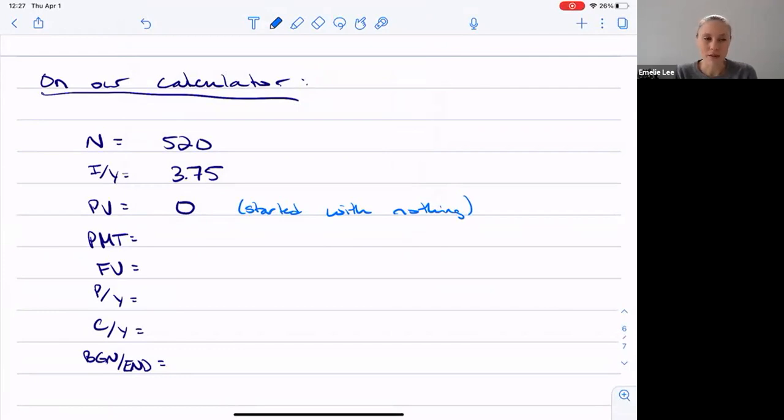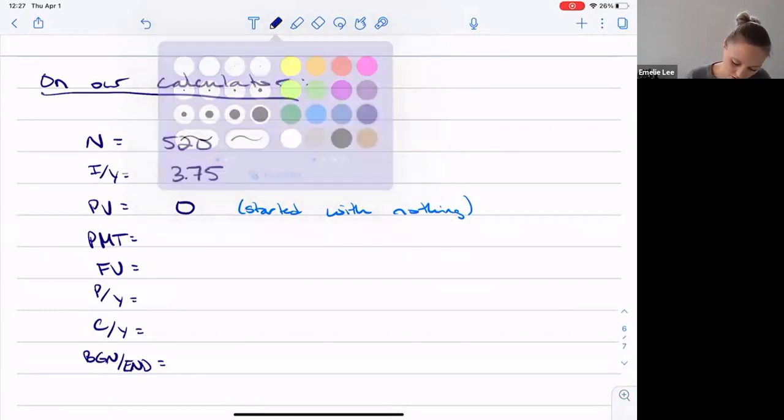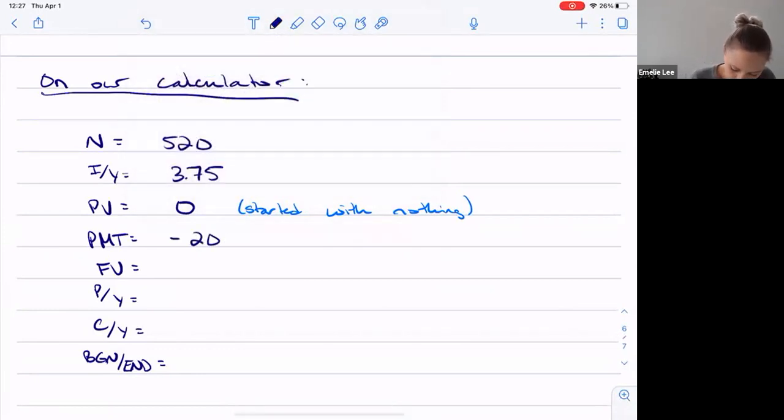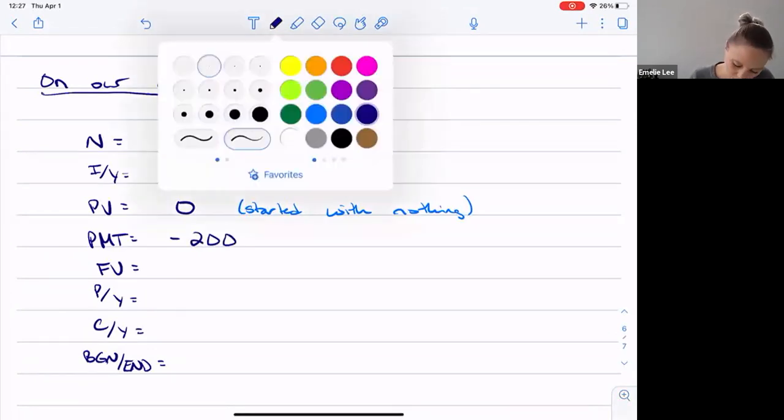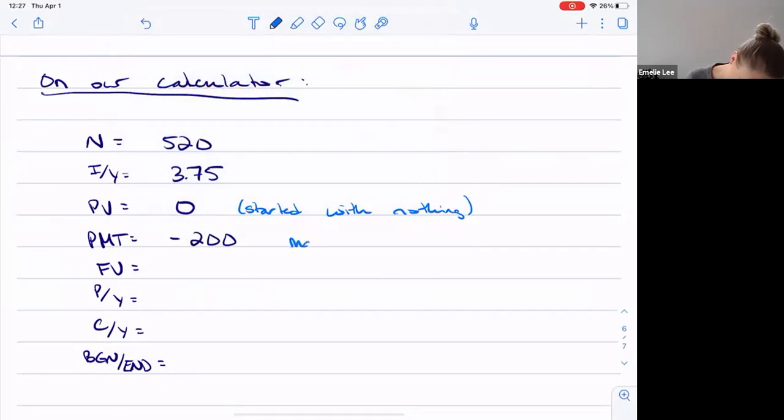They're making payments of $200, right? And so it's really important that you do negative 200 as the PMT, because they're making payments, which means it has to be negative.